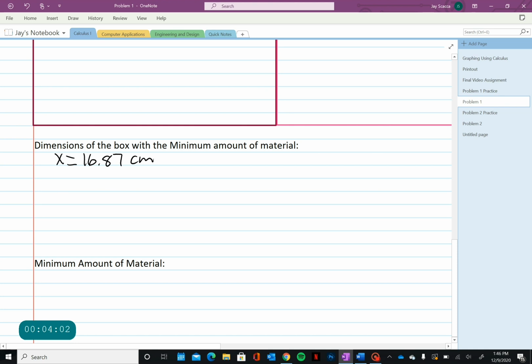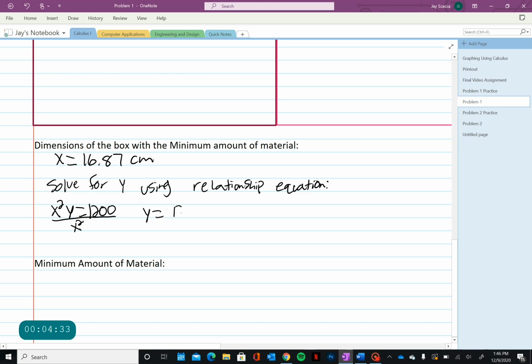So we could solve for y using the relationship equation. So since x squared y is equal to 1200, we could divide both sides by x squared, and then we're left with y equals 1200 over x squared.